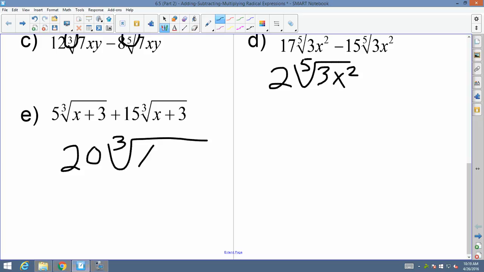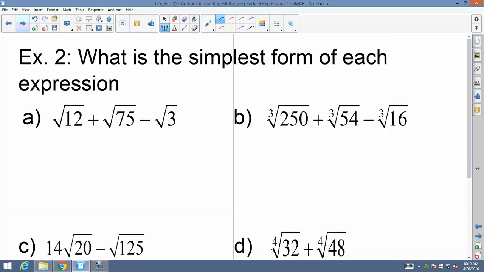All right? Where it gets a little bit challenging is in a situation like this. If they don't give you already the radicand and the index in the same form, then you can go ahead and convert them into having the same radicand.